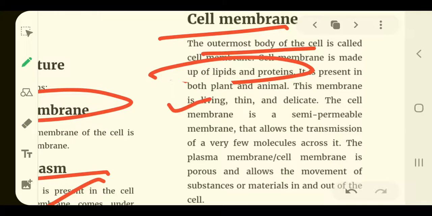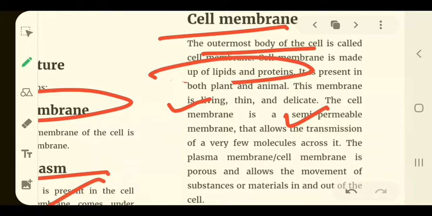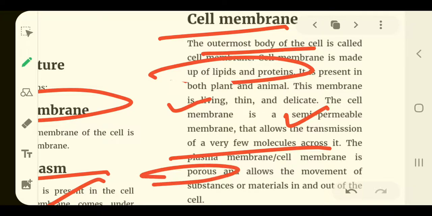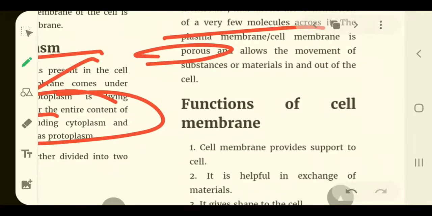It is living, thin and delicate, and it is semi-permeable. Semi-permeable means it allows only certain particles, few molecules only, to move inside and across the cell. And the plasma membrane or cell membrane is porous. As a result, it allows the entry of particles or molecules in and out of the cell.